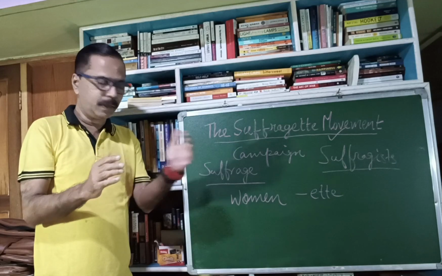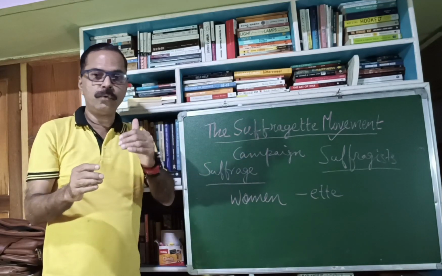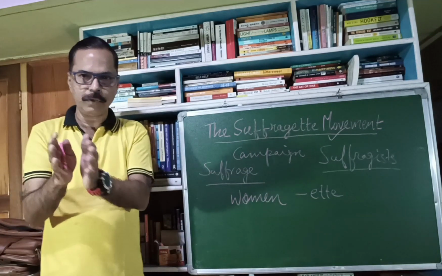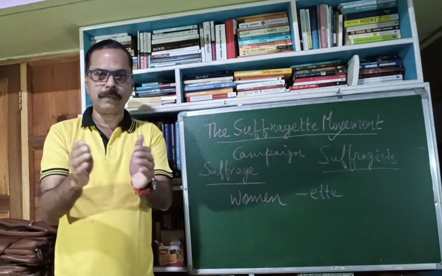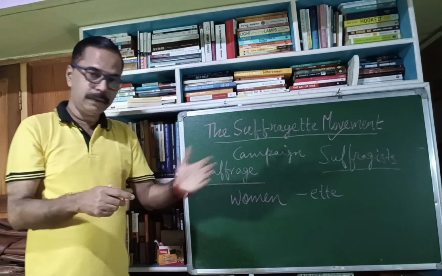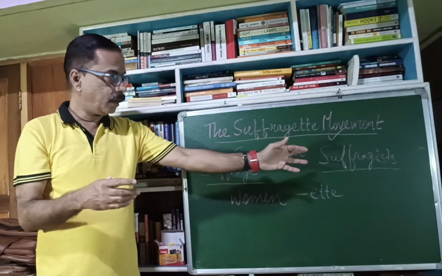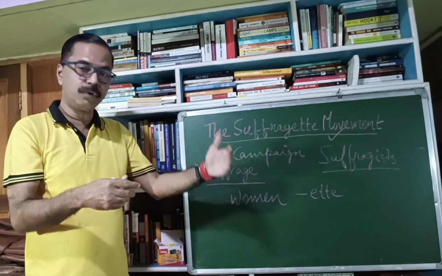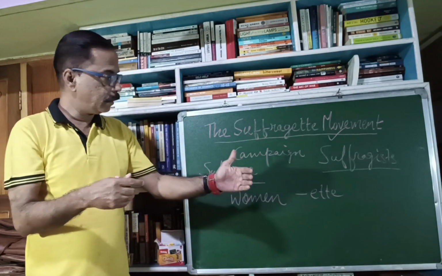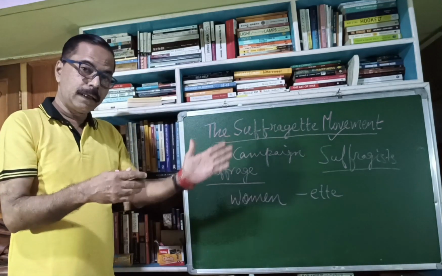Now there's a difference here, we'll come to that. The suffragists are people, both male and female, who advocated the right to vote for women on equal terms with men. Even in the late 18th century, people like Mary Wollstonecraft wrote about the necessity of the right to vote for women in A Vindication of the Rights of Woman. So that was in the late 18th century.